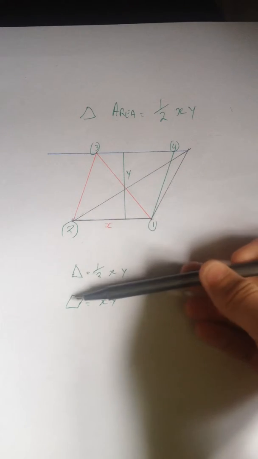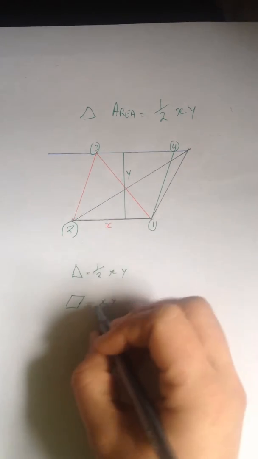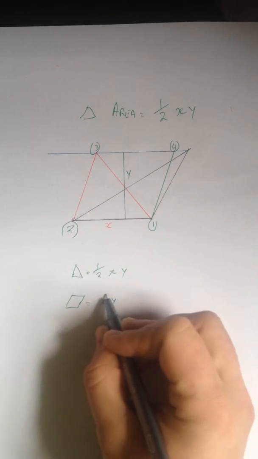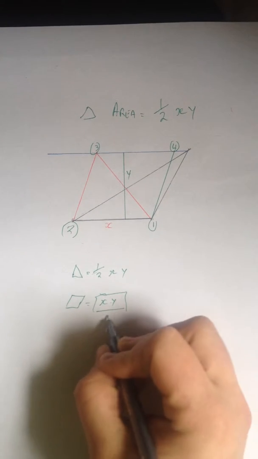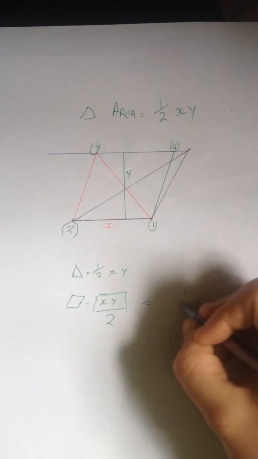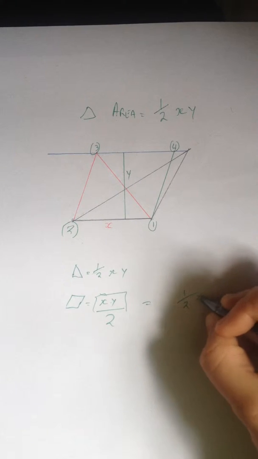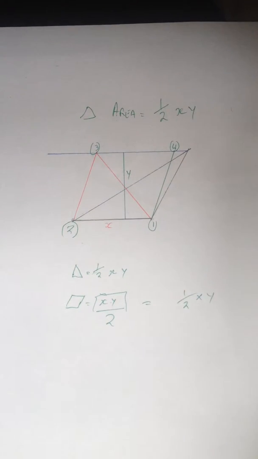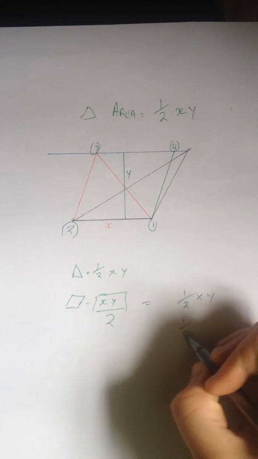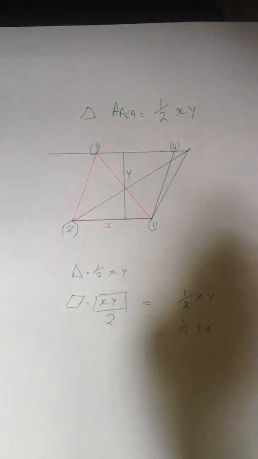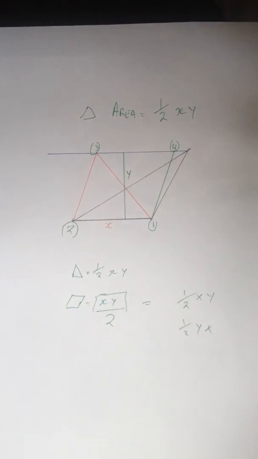And since two triangles can fit into the parallelogram, the area of the triangle is this over 2, which is equal to half the base by the perpendicular height, which can also be said as half the perpendicular height by the base, as it doesn't matter once they're all multiplying each other.